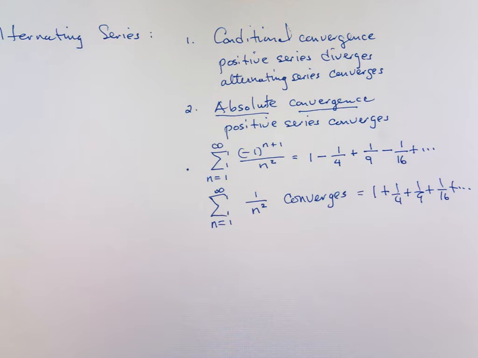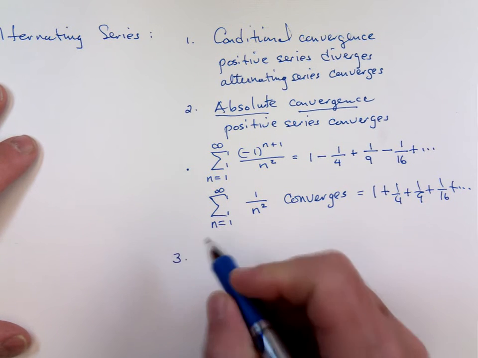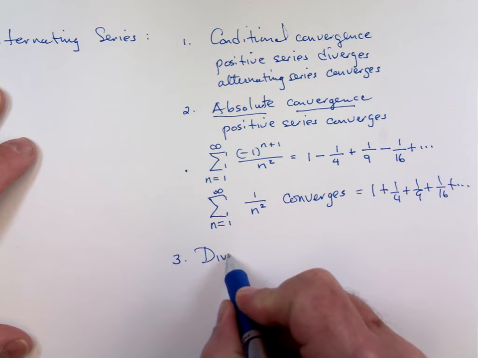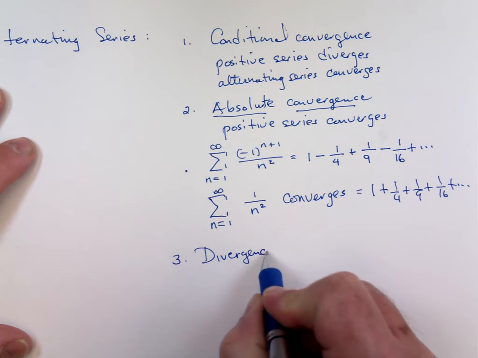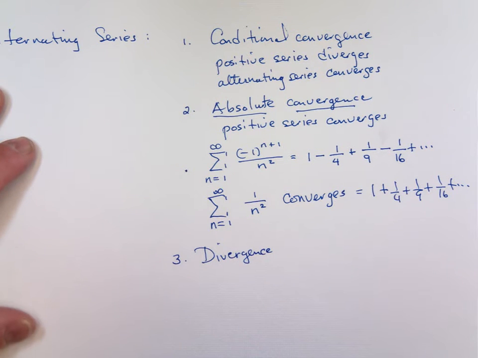You got one more. Number 3. Divergence. What could happen? The alternating series may diverge.